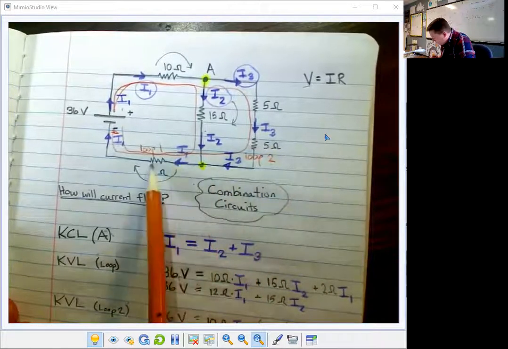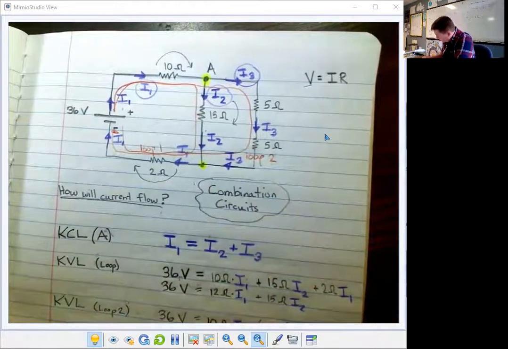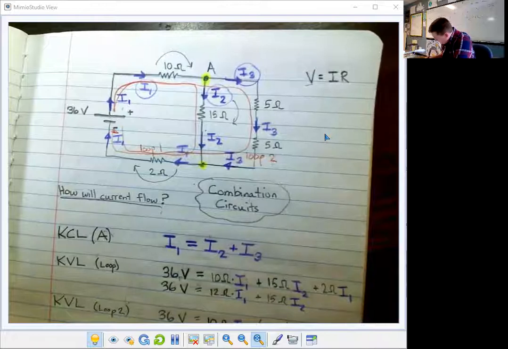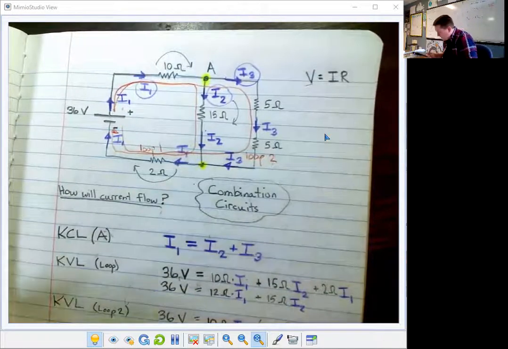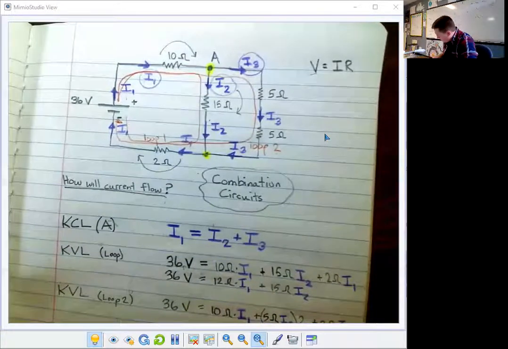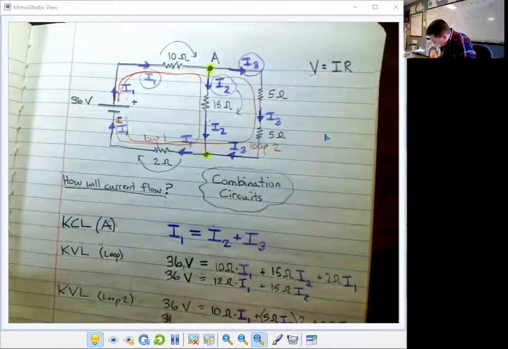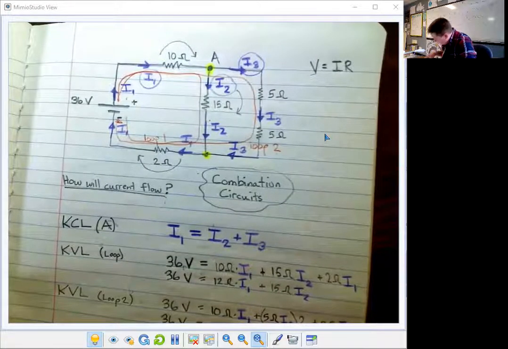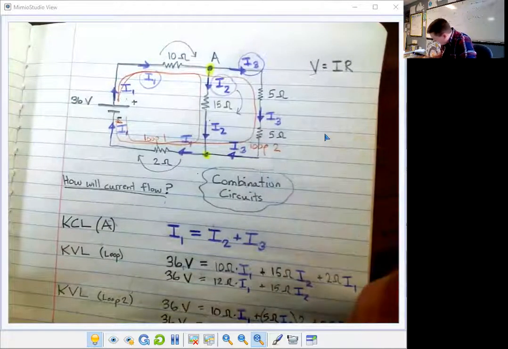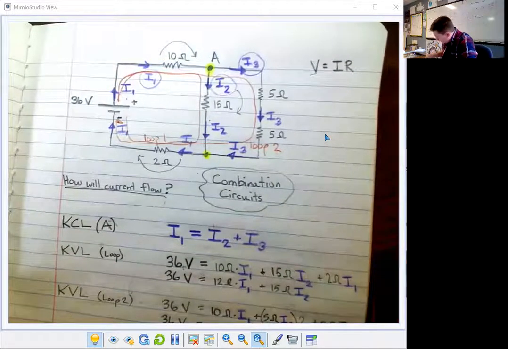And I'm going through this resistor again, 2 ohm I1. All right, that's my loop 2. These are like terms. So simplifying that, I have once again 12 ohms times I1 plus I had 2 5-ohm resistors. Basically, I had 10 ohms times I3.